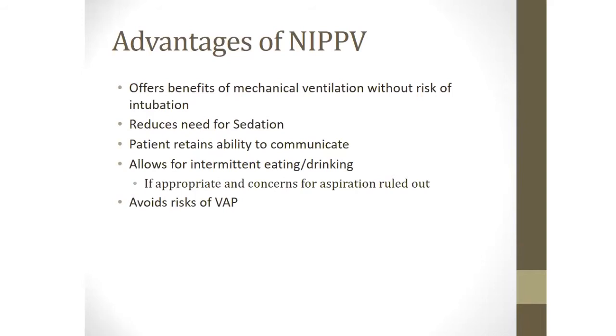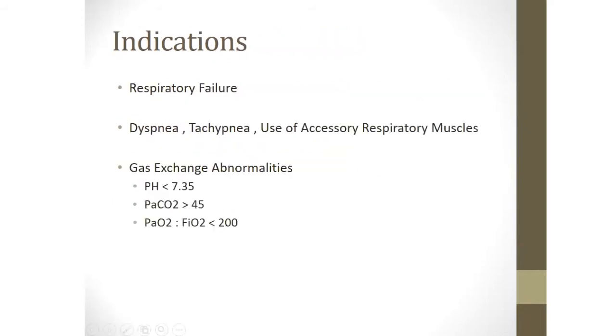The indication for non-invasive positive airway pressure is respiratory failure. It can be hypoxemic respiratory failure, and it can be hypercapnic respiratory failure. In both, we can use CPAP or BiPAP depending upon which type of failure the patient has.